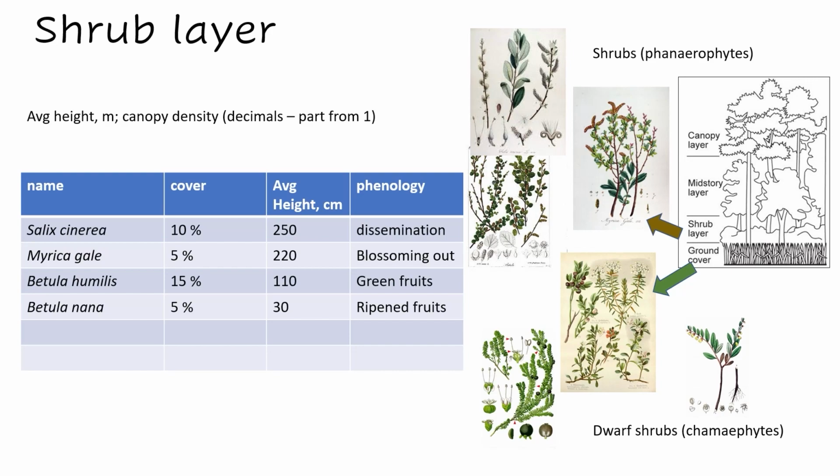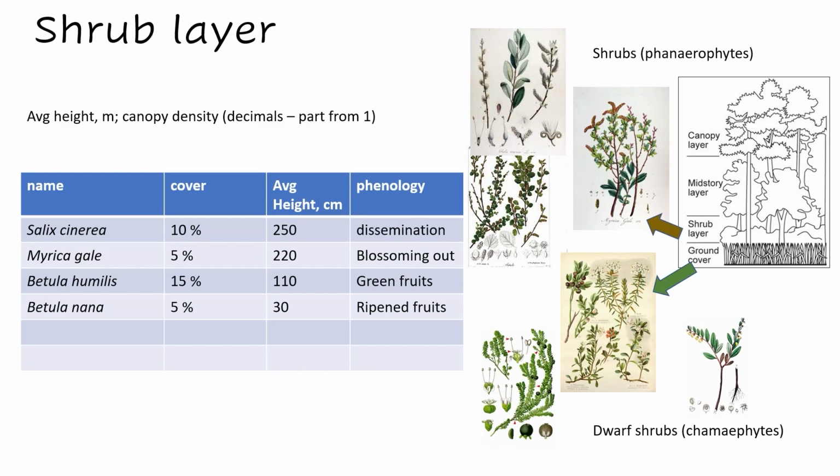Finally, we reached the shrub layer. With the shrub layer there is also a trick. In peatland you find shrubs and dwarf shrubs. Dwarf shrubs, as the other name suggests, naturally are not shrubs.